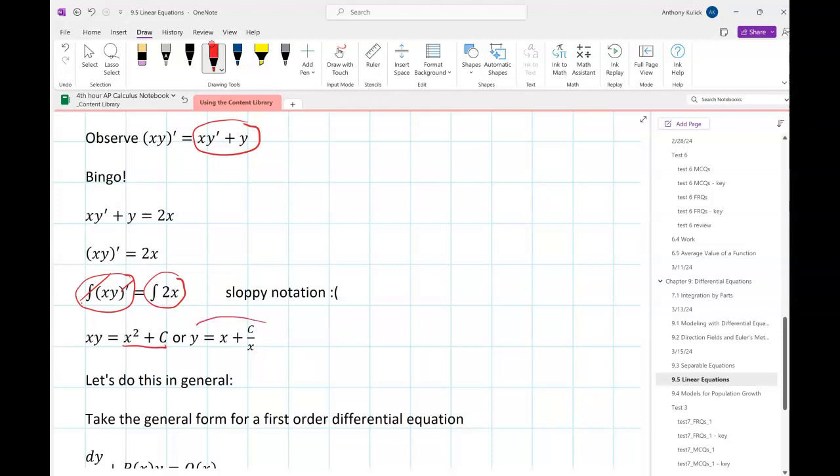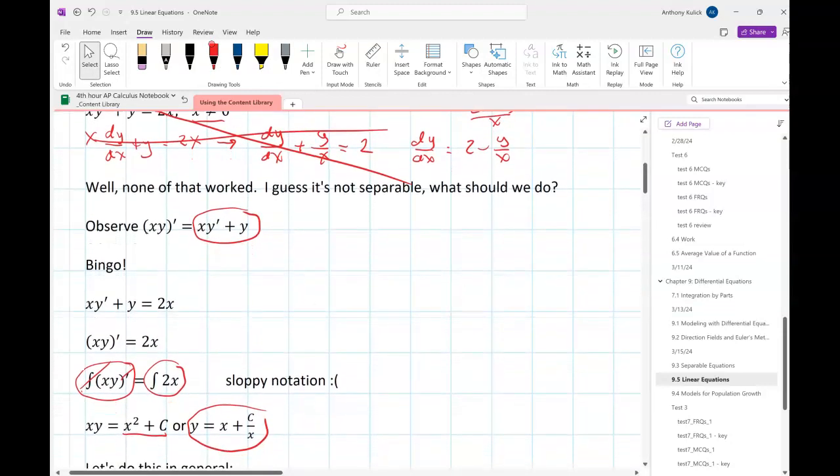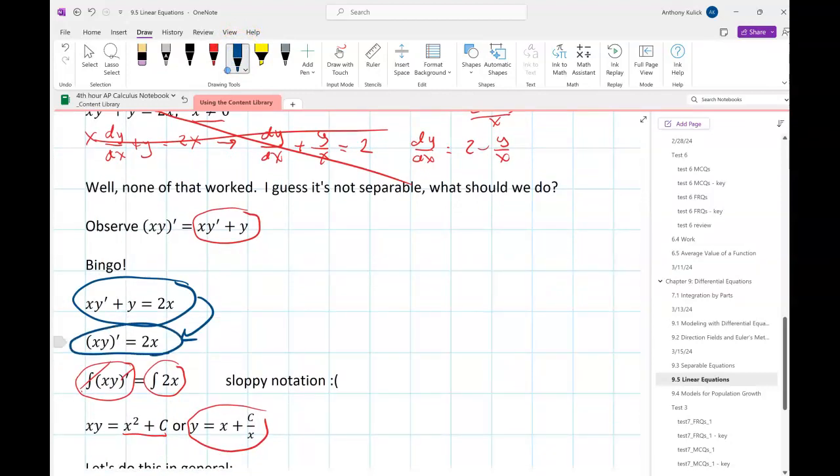And then I can just divide both sides by x. And there I did it. So the thing that this relies on is being able to do this step, right? So let's work this out kind of generally here, and then we'll run through some specifics.